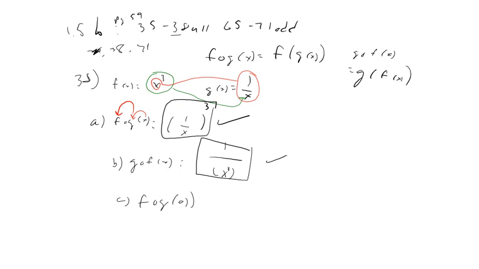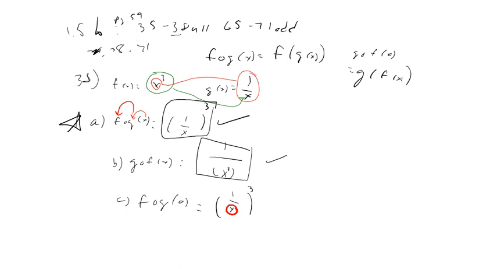F of g of 0. And we already know what f of g is. We did that up here. F of g is 1 over x to the third power. So I'm going to use this function, 1 over x to the third power, and plug in a 0 for my x.